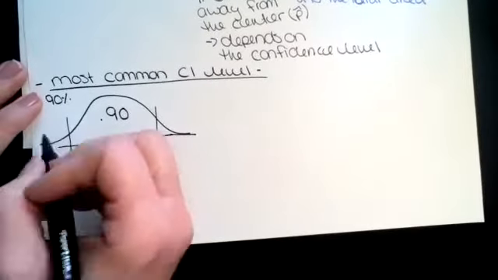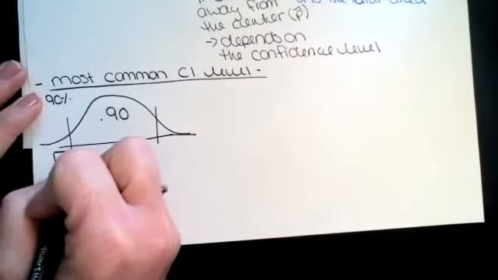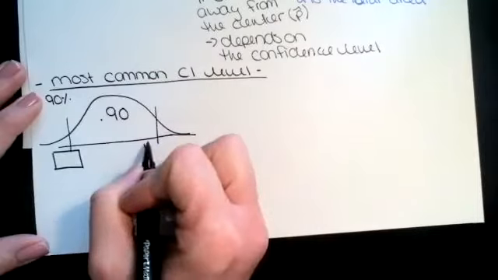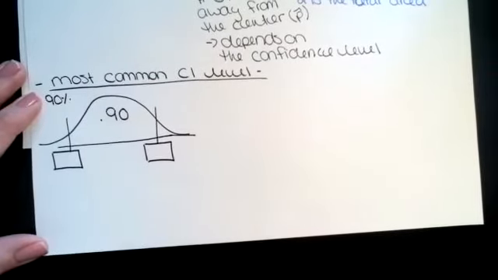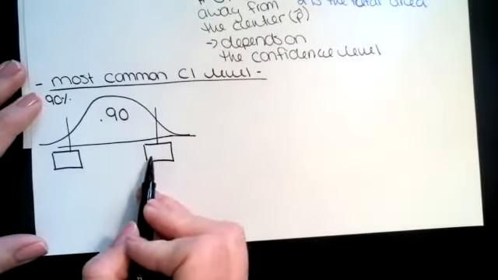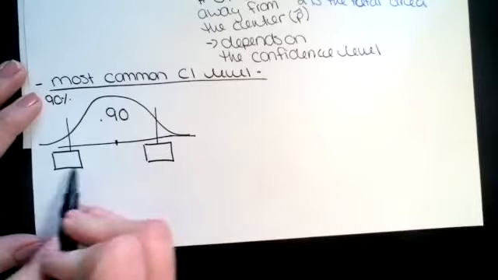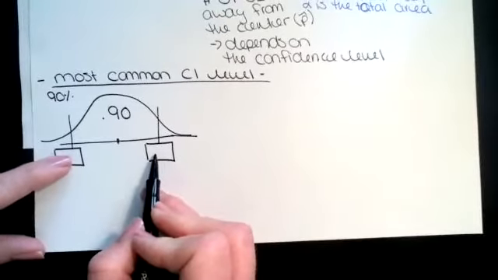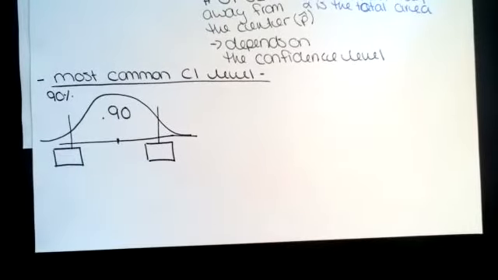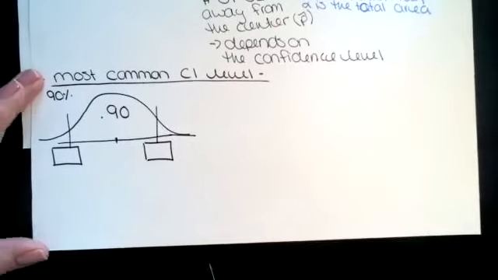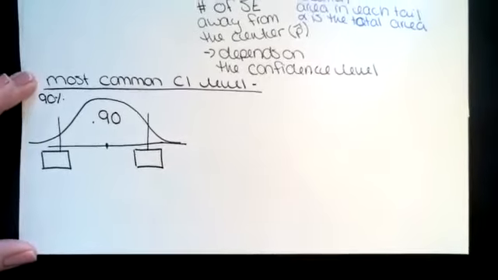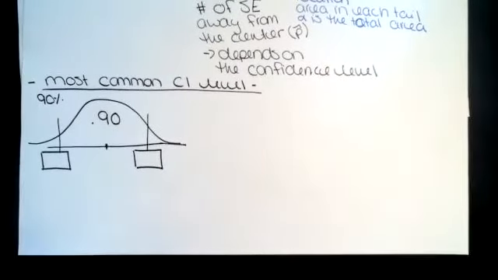My Z values are these numbers right here and right here. All it is telling me is how far on my standard normal curve, my Z curve, I am from the center. This is the center. And it's the same distance between these two. So when I talked about alpha divided by 2, that's this area in the tail.